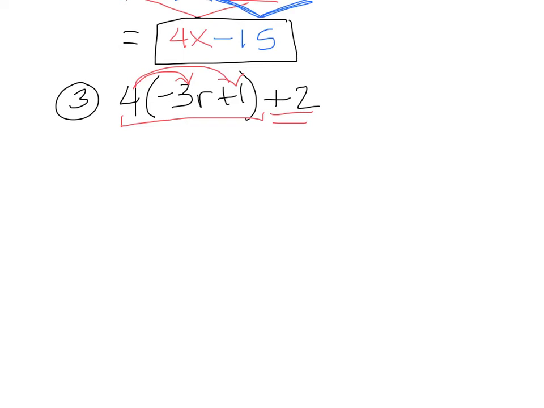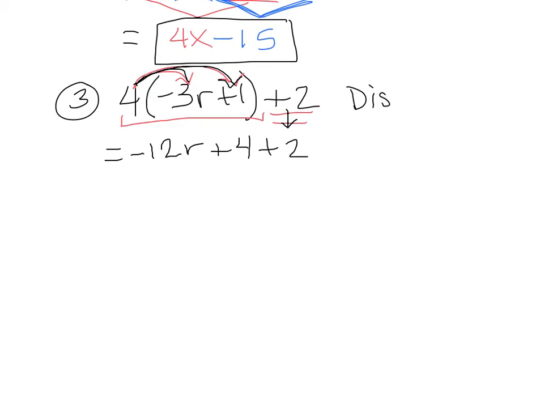So in our next step here, we do 4 times that negative 3r, and we get negative 12r. We do, again, 4 times this positive 1, and we get positive 4. And now you just bring down the plus 2. So negative 12r plus 4 plus 2, and now we combine like terms, right?